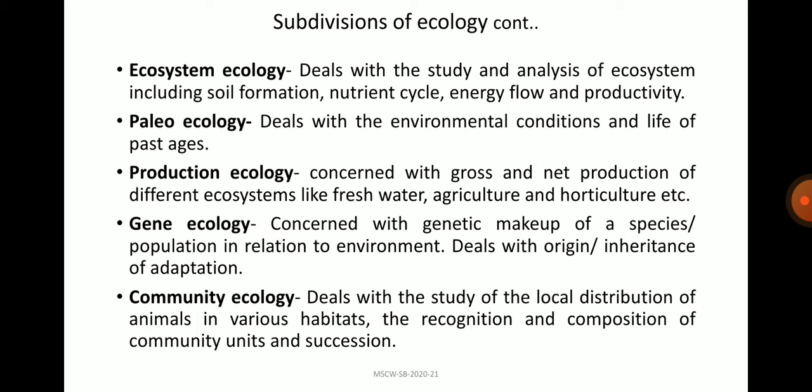Gene ecology. We know what genes are. Genes are the hereditary factors. The study is concerned with genetic makeup of a species or population in relation to its environment. It deals with the origin or inheritance of adaptations.